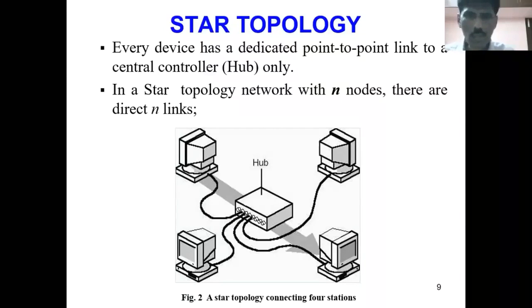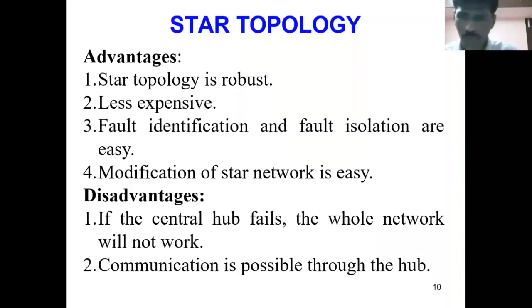So in a star topology network with n number of nodes, there are n direct links. Say in this figure 2, there are 4 devices, which means there are 4 direct links. Similarly here, like mesh topology, star topology also has both advantages and disadvantages.